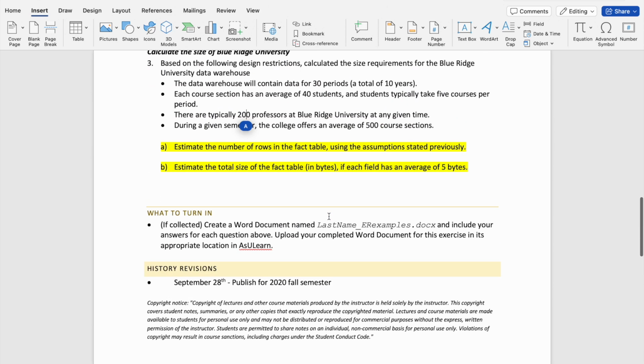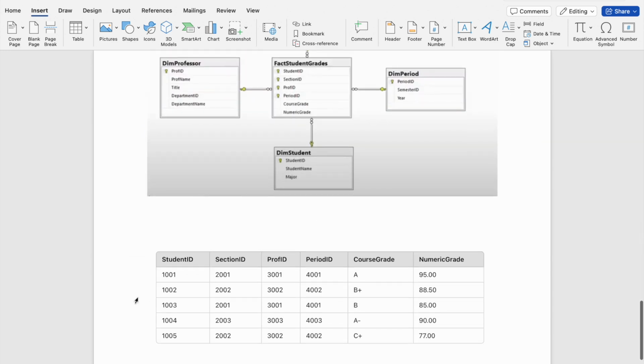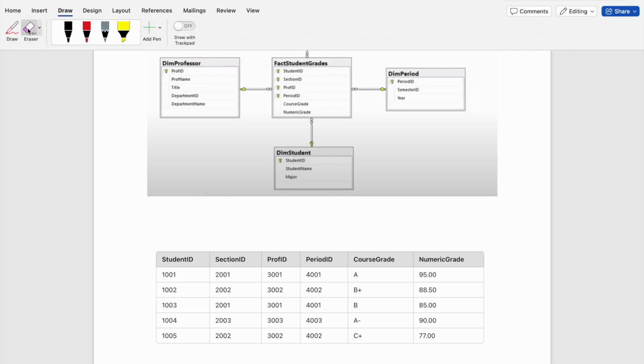So if we want to calculate it, we know the student count will be 40. Right now, can I just draw something here maybe? Okay, so I'll write 40. And how many sections do we have? 500 here. You might notice I didn't multiply by the professor count, 200.